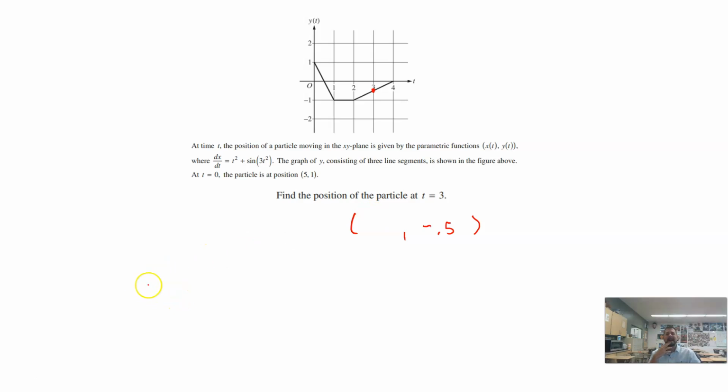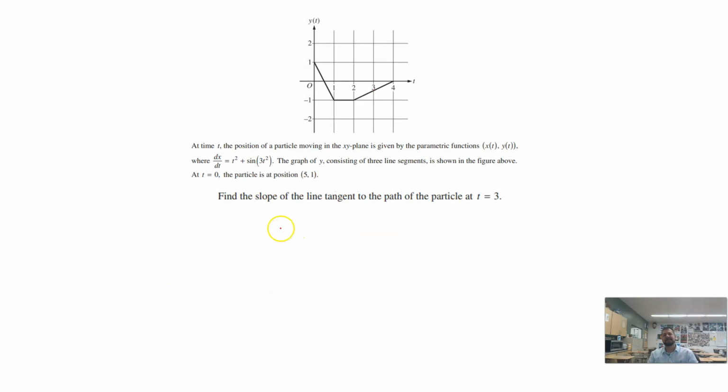To find the x value, we take our initial condition, so this is my initial x value right here, plus the integral from 0 to 3 of our dx/dt function. And when we do that, we get 14.377. So there is my position at time equals 3. Now again, a little bit tricky because we're given two different functions, two different formulas, two different types of things, but hopefully that makes sense on how to find the position.